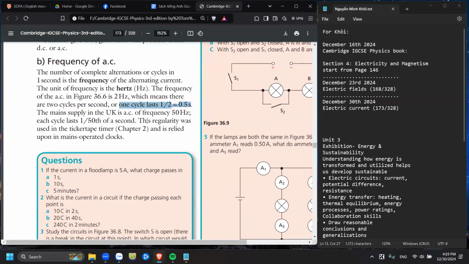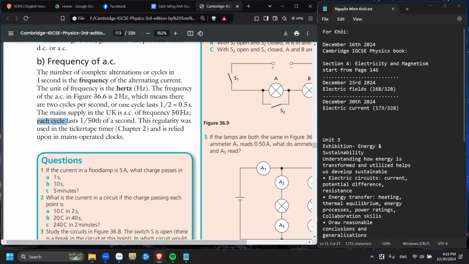Now, the main supply in the UK is AC with a frequency of 50 hertz. So what does it mean? In 1 second, there are 50 cycles. So you can see that the current changes its direction all the time and very fast.